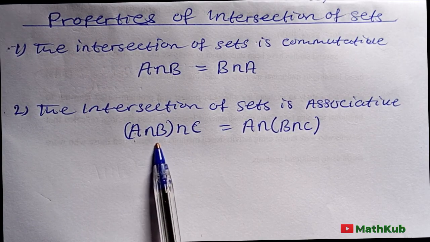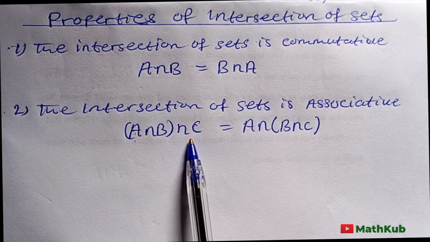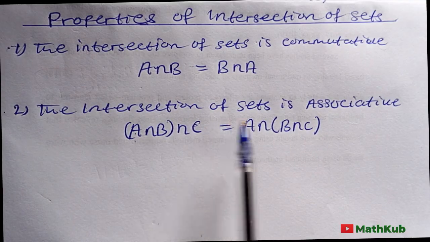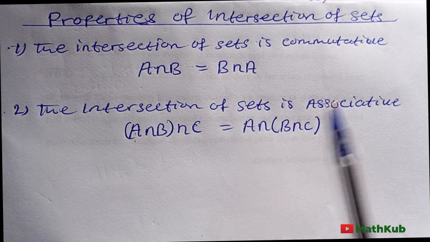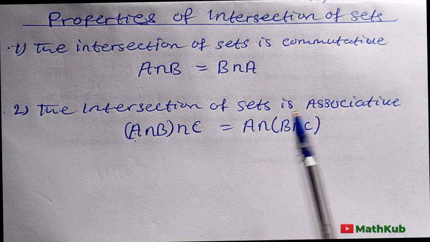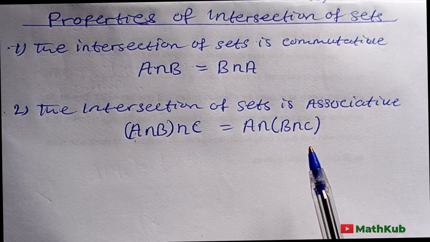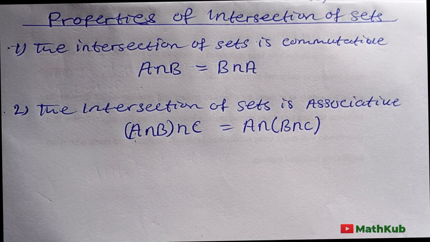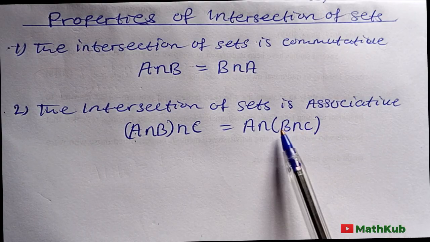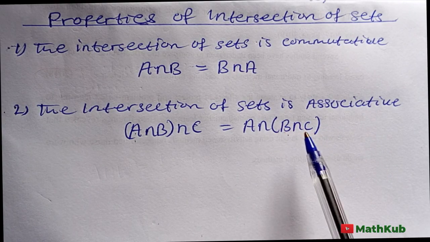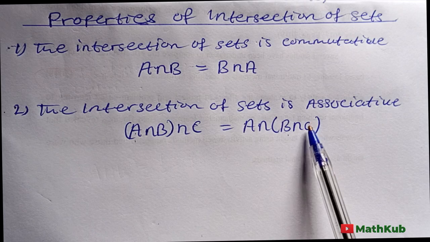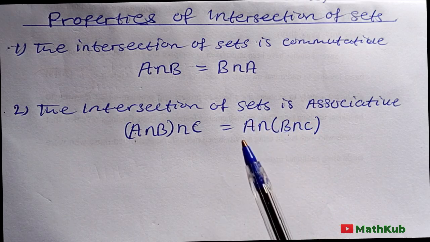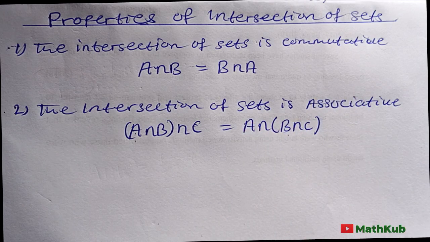Then you intersect that answer with your set C. It is equal to A intersection, in brackets, B intersection C, such that you take the last two sets before you combine with the first set, which is set A.